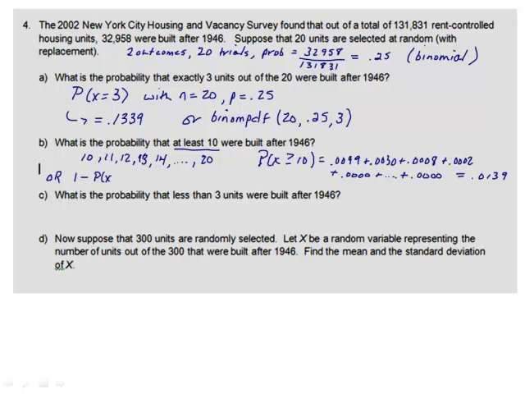So we'll have to use the complement in this problem, and that means we have to subtract from 1. So the complement of the set from 10 up to 20 would be from 0 up to 9. So we're actually going to find the probability that x is less than or equal to 9, and then subtract that from 1 to get our final answer.